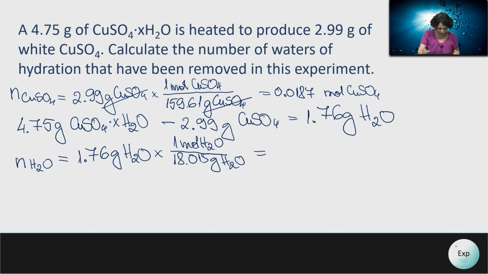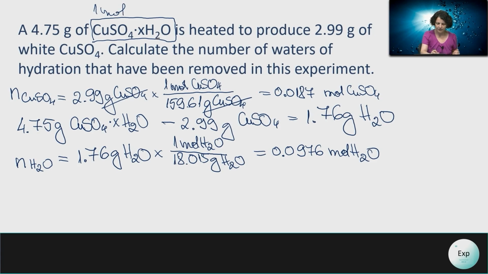From there, we determine the number of moles of water, which is 0.0976 moles of water.